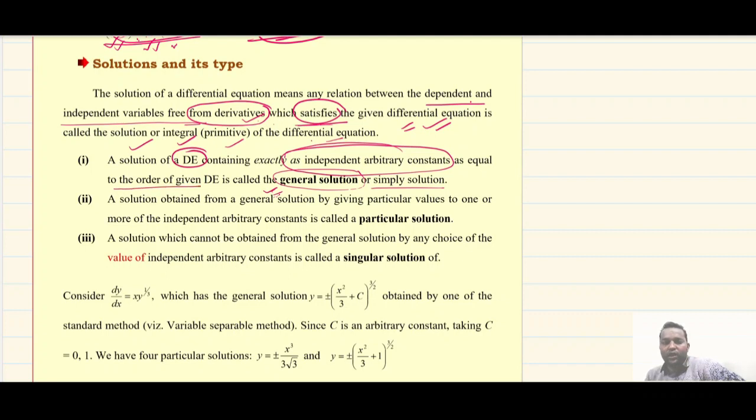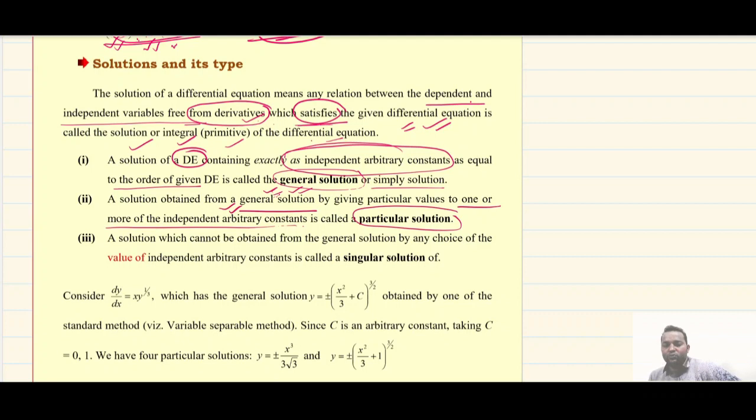And a particular solution is obtained from the general solution by putting fixed values to one or more of the parameters that are involved in the general solution.